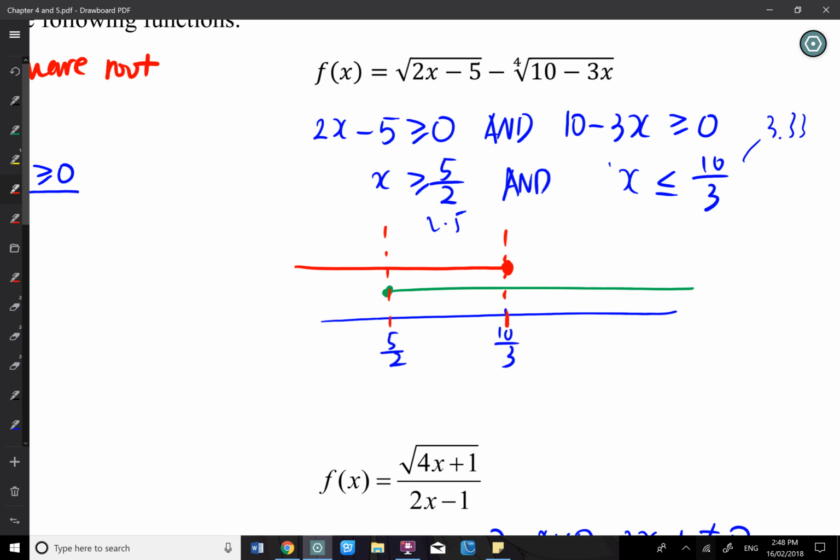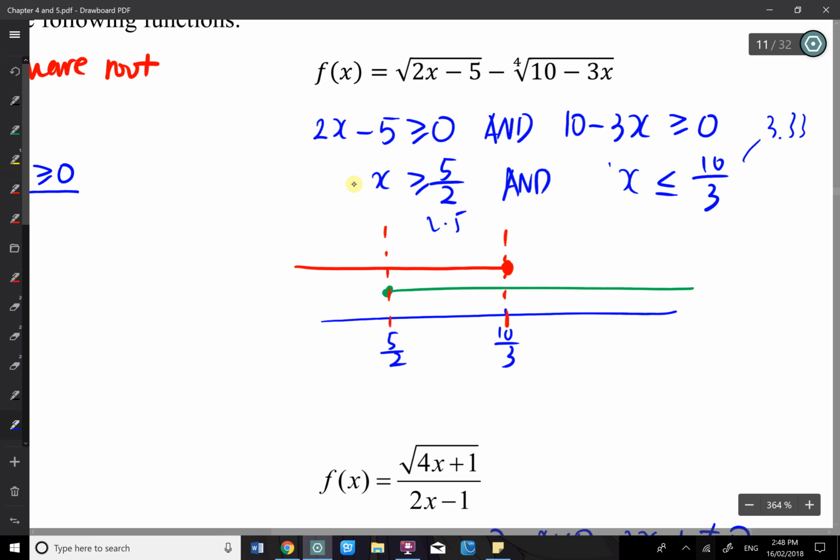A lot of you just directly write 5 over 2 and 10 over 3. I'm not sure if you really know why it's like that, or you just think, oh, two numbers, I'll put them together. That's why we have this number line. The intersection is the overlap between the two colors. If you have more inequalities, you find the overlap. You use another color on top, and see which part got 3 colors, and that's the intersection.